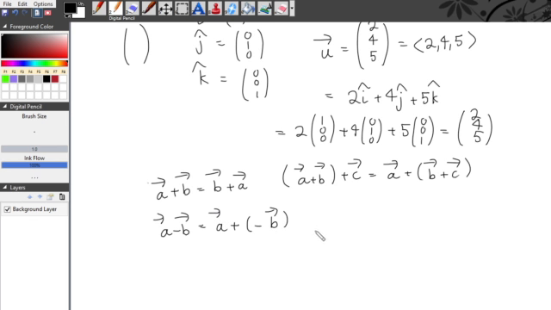Okay, and finally, let's get to the good stuff. Let's talk about multiplication by scalars, which is actually kind of what I already showed with the unit vector example. Okay, so basically, sorry about that.